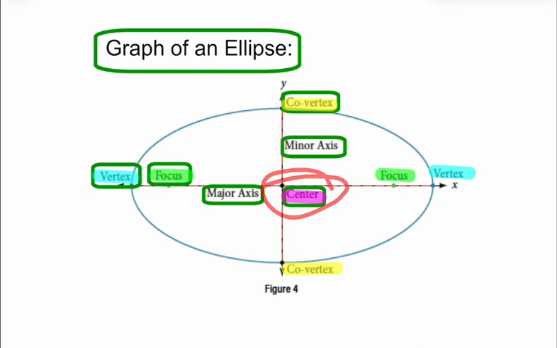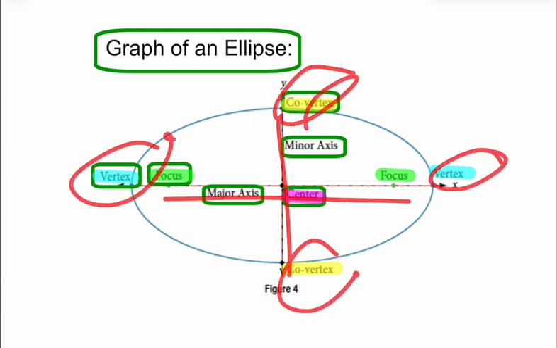We do have a center, just like a circle, where the minor and major axes cross each other. We are not going to look at the foci, there are formulas for that, but for timing purposes we're really going to talk about the minor axis, the major axis, and the four vertices.